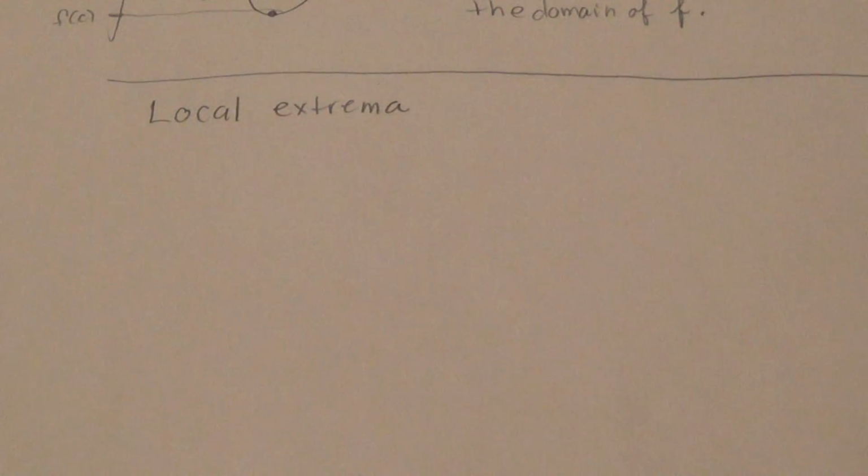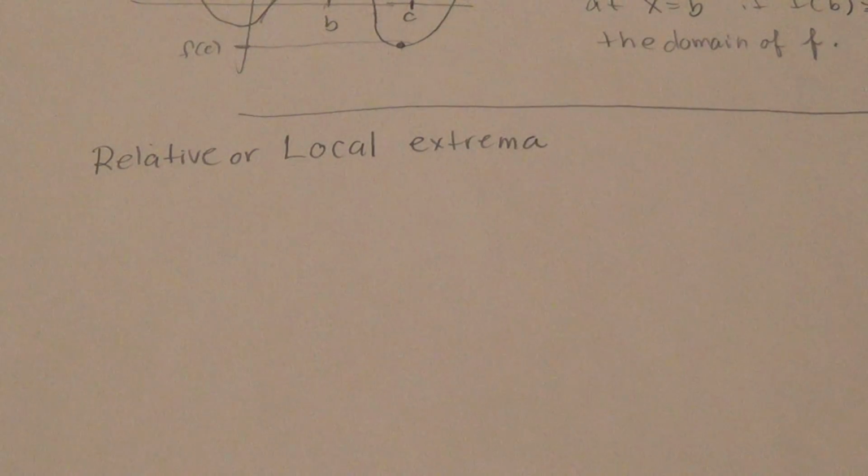All right, so now let's look at local extrema. We often call those relative extrema, relative or local extrema. So a function has local extrema at x equals b if f of b is the largest value that f obtains near b.